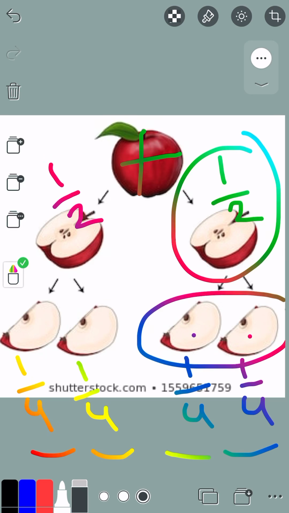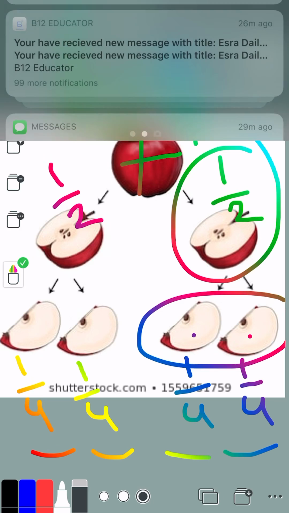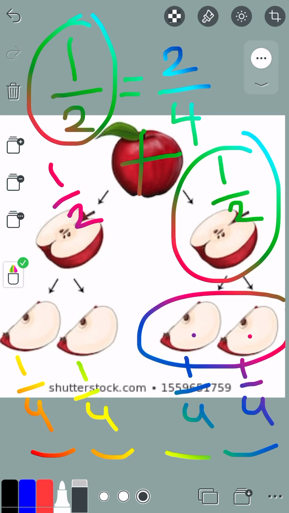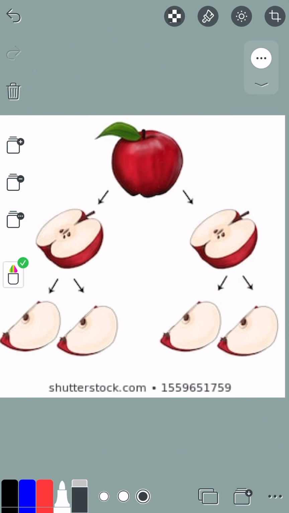It equals 2/4. So, we write it as this: 1/2 equals 2/4. This fraction here is 1/2, and this fraction here is 2/4. Now they are equal, they are worth the same.